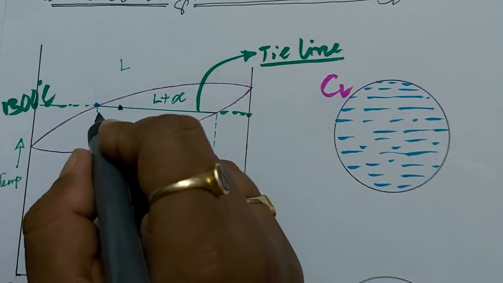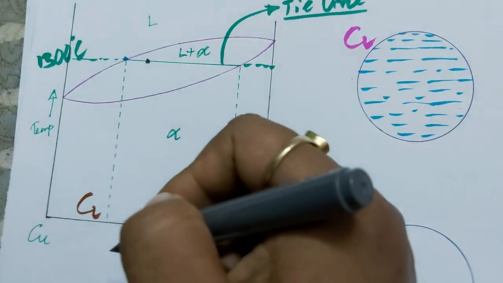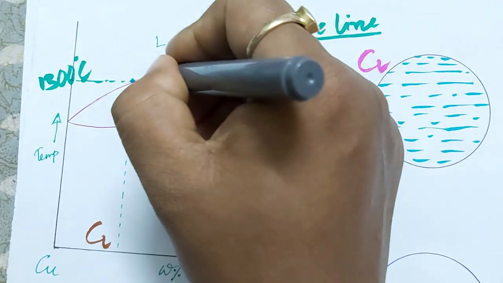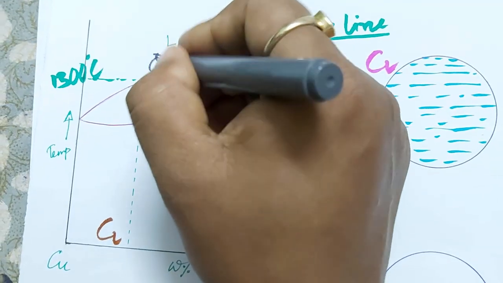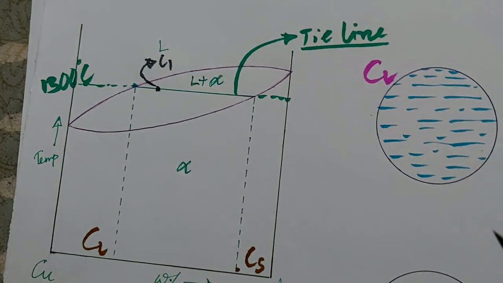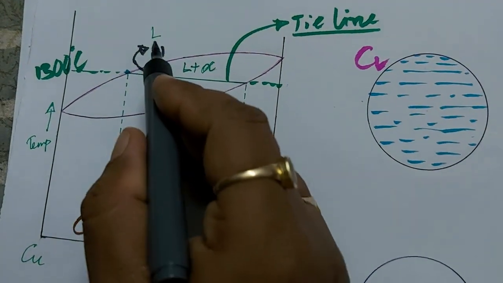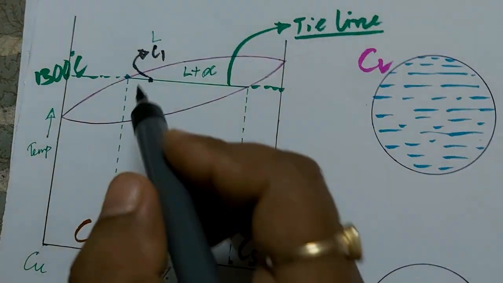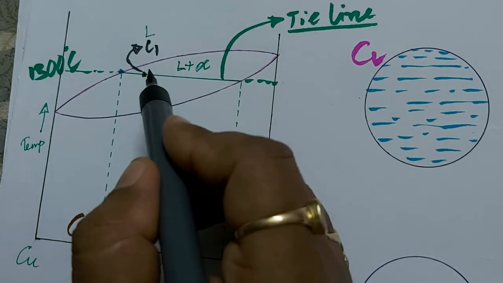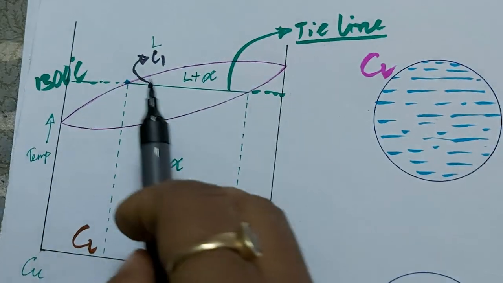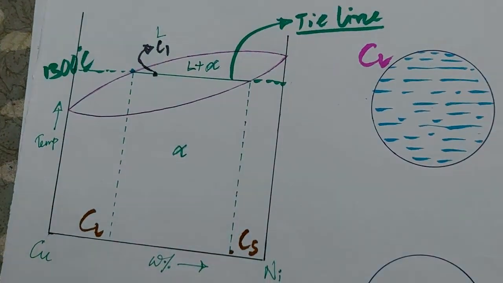This is near about this Cl point, and we are naming this one as C1. And we will see right now the composition at C1 point. What is the microstructure at this C1 composition?